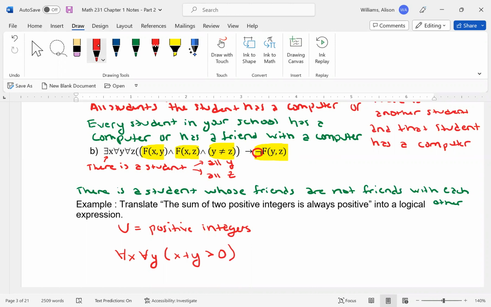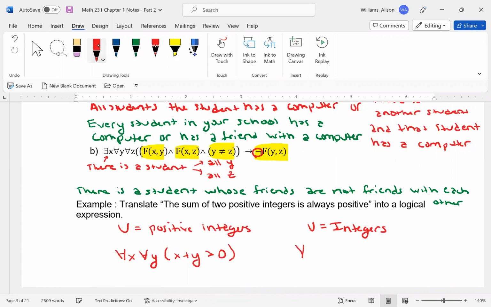Now, it is possible to not use U being the positive integers. If we just let U be all of the integers, then we have to make a statement about x and y first.